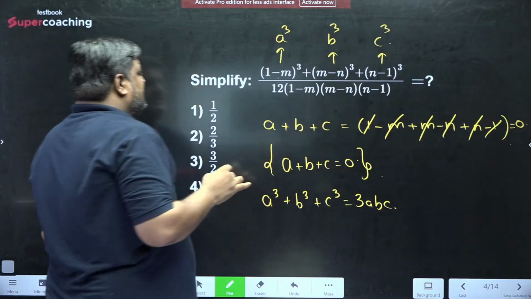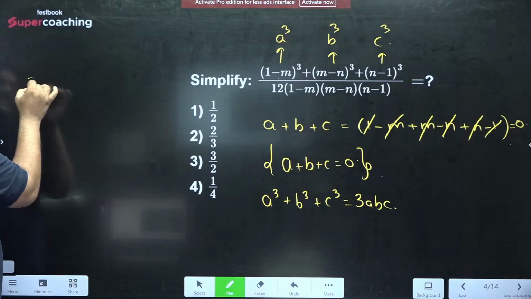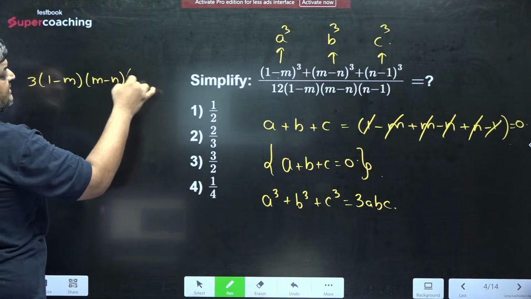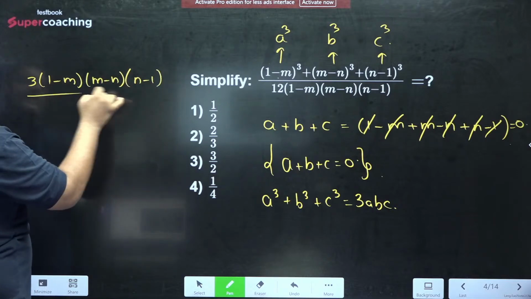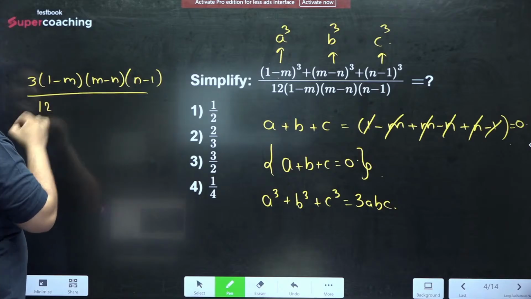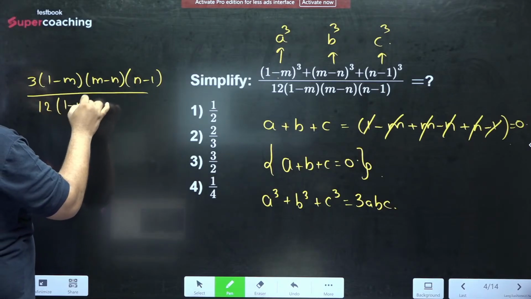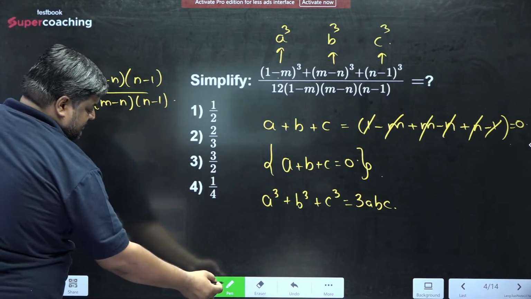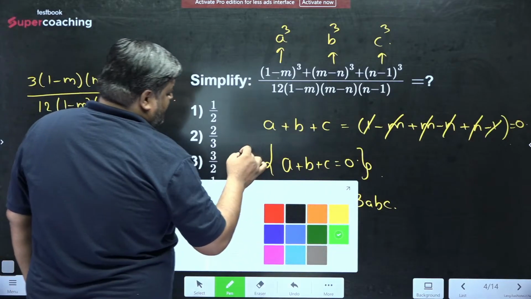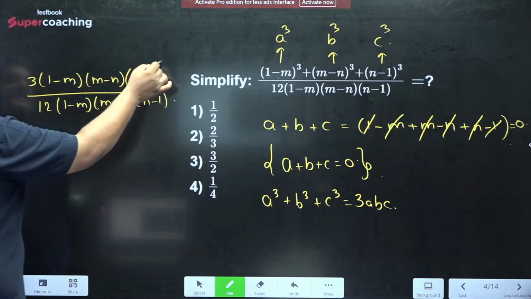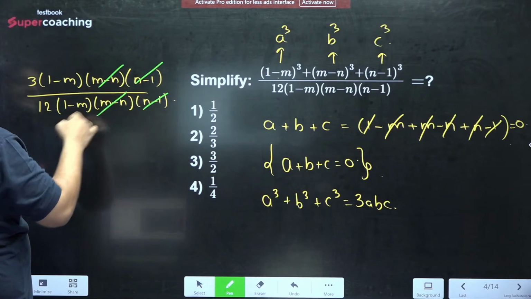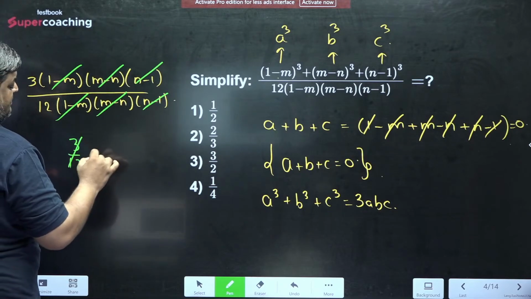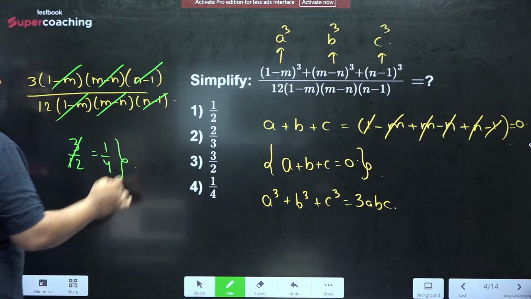So this can be written as, numerator we can write 3 times a, b, c, where a is 1 minus m, b is m minus n, c is n minus 1, upon the denominator. What is in the denominator? 12 into 1 minus m is already there, m minus n and n minus 1. Start your cancellation game: n minus 1 cancelled out, m minus n cancelled out, 1 minus m cancelled out. 3/12 and 1/4 is the right answer.